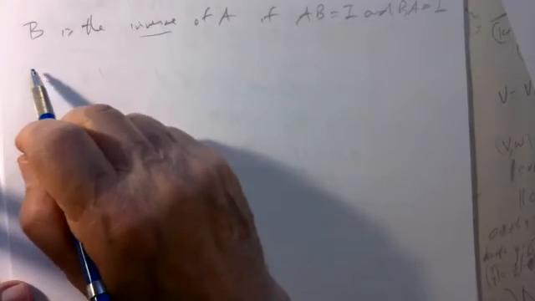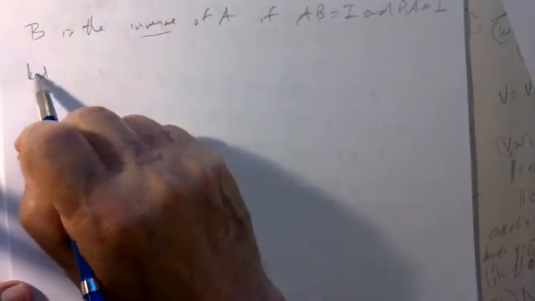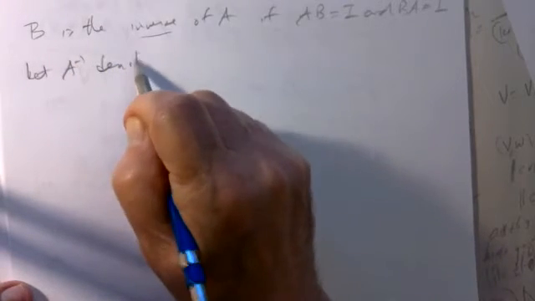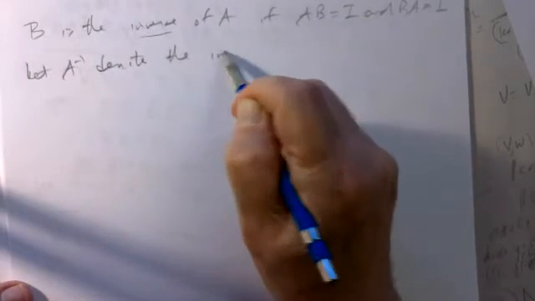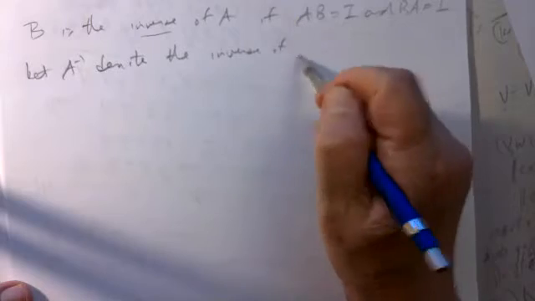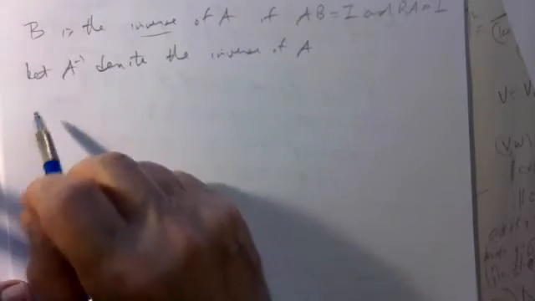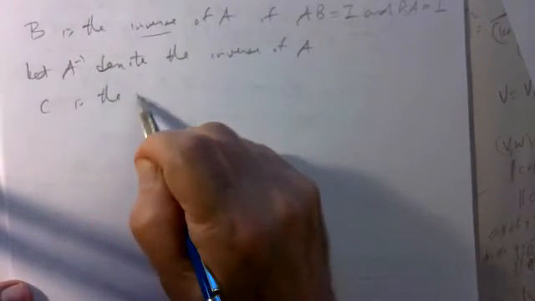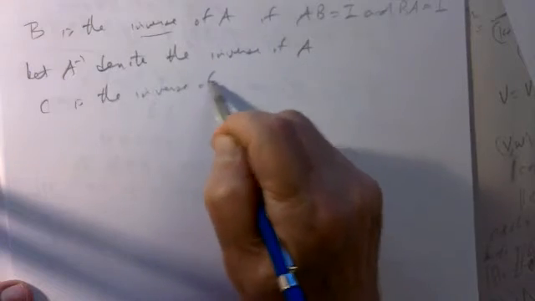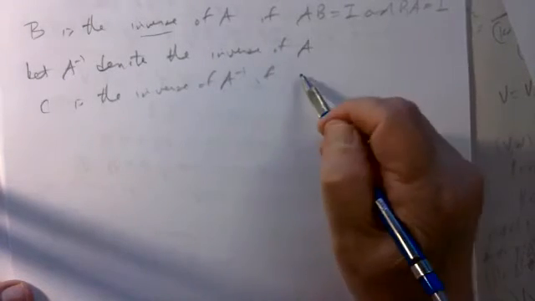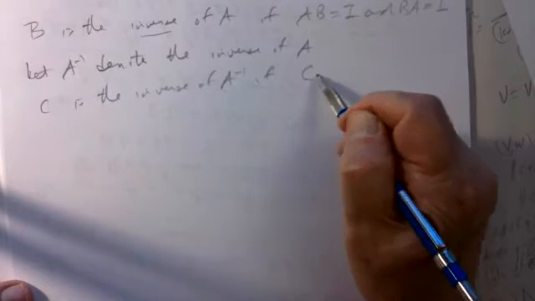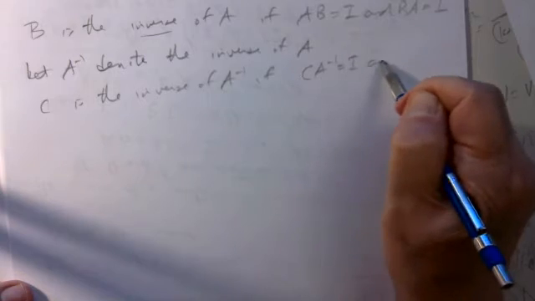And the inverse is unique, so we let A inverse denote the inverse of A. And we can say C is the inverse of A inverse if C A inverse is the identity and A inverse C is the identity.